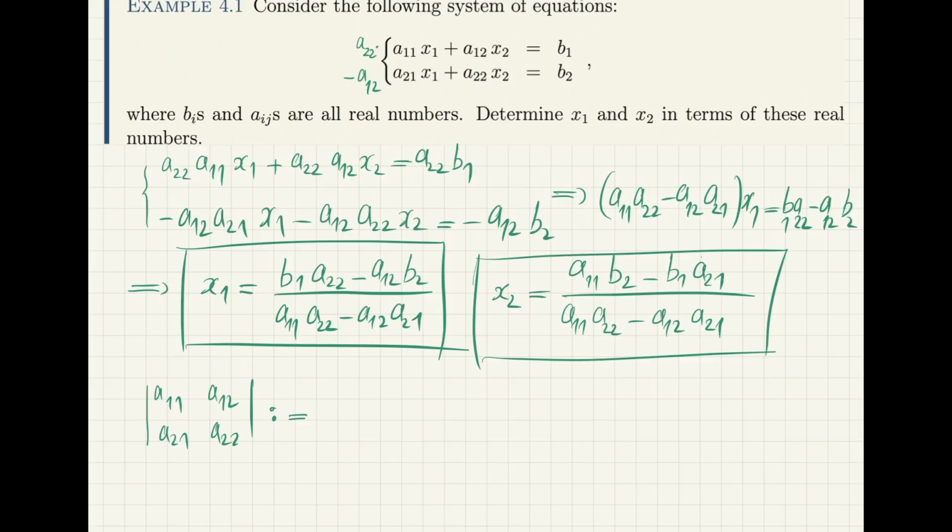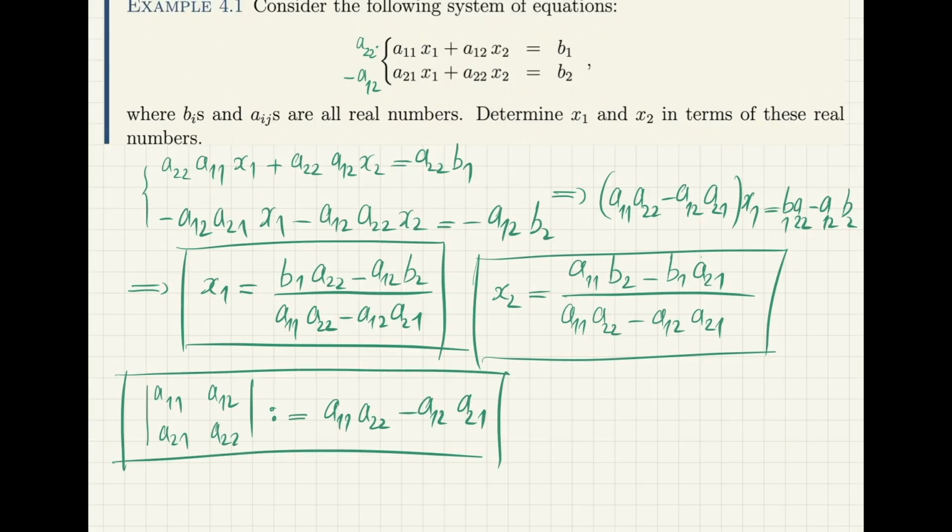It means that it is defined to be equal. I take this common denominator as the definition of my symbol: a11 a22 minus a12 a21. This symbol, of course, I will call a 2 by 2 determinant.